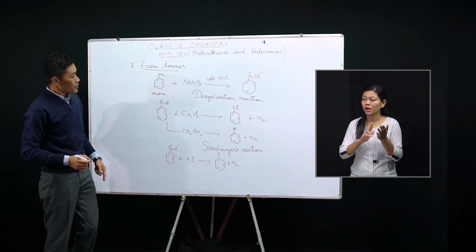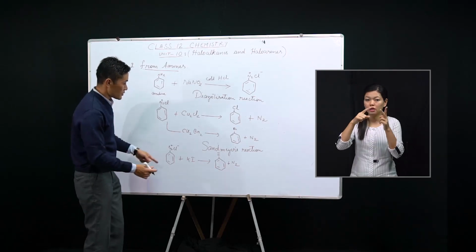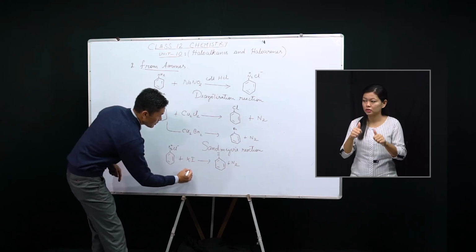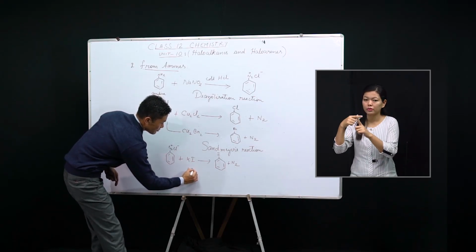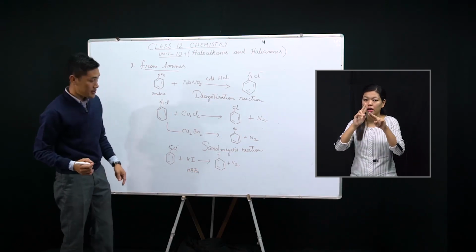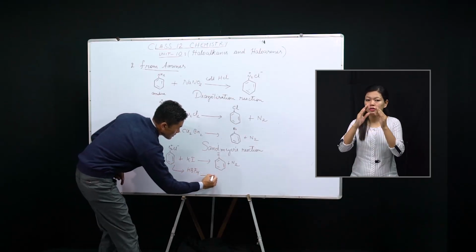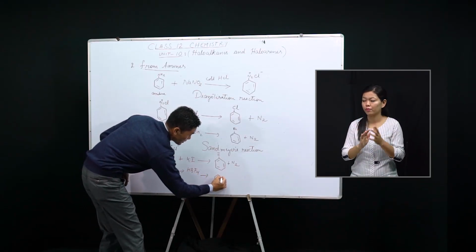Now, if we want fluoroarene, instead of potassium iodide, we can use HBF4. This is called tetrafluoroboric acid. So if we use tetrafluoroboric acid, then we will get a fluoroarene.